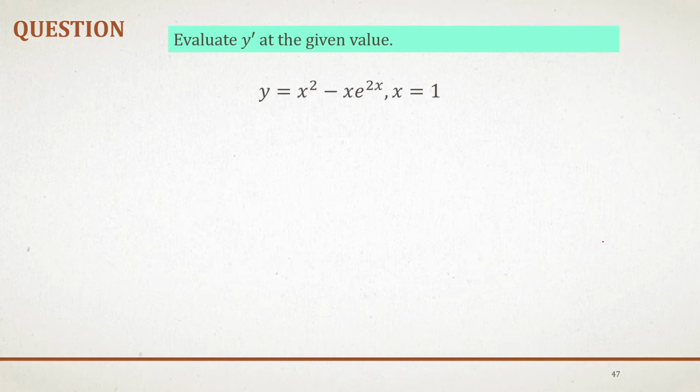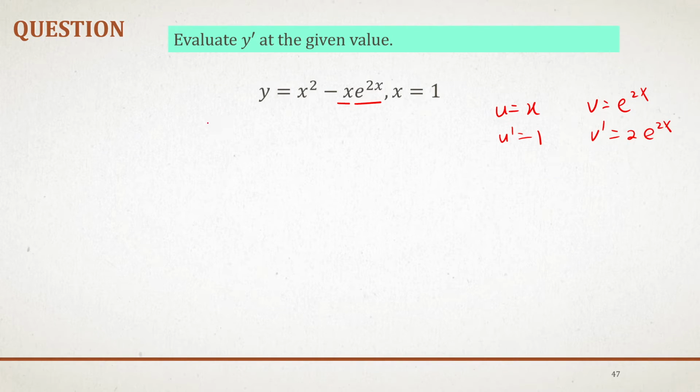Now evaluate y prime at the given value. Okay, so now y equals this one. Before I evaluate this, the first thing we need to find is y prime. If you see that is x squared and e to x, it means that I need u equals x squared, v equals e to x. So u prime equals 2x, v prime equals 2 e to x.